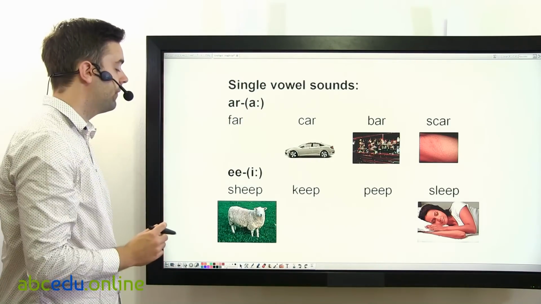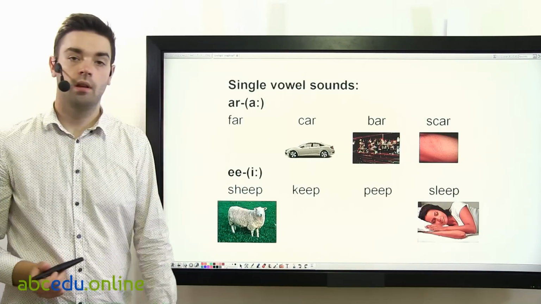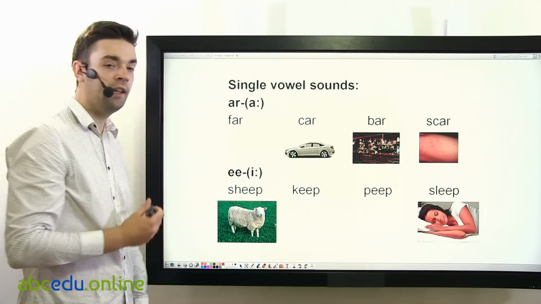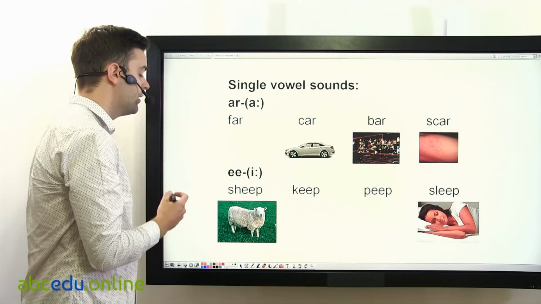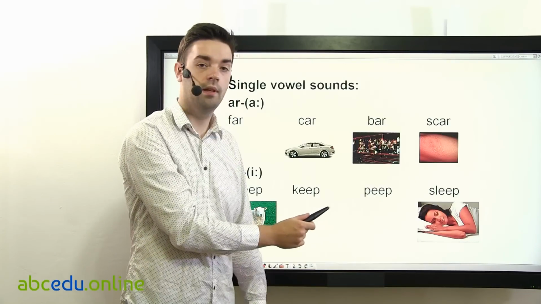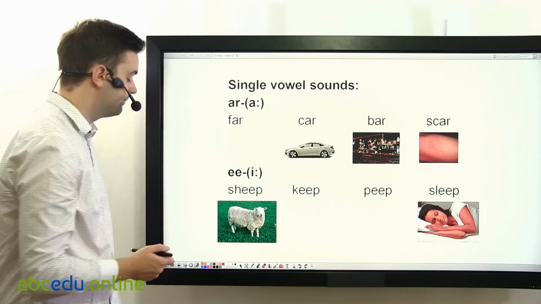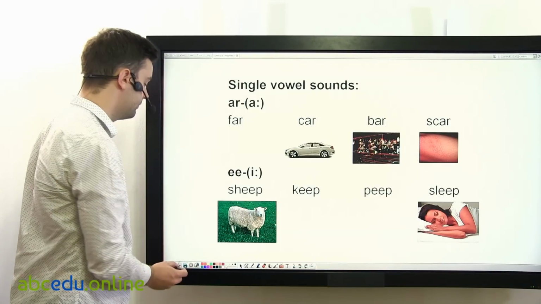When we join E and E, we get an ee noise. So sheep, keep, peep, and sleep.